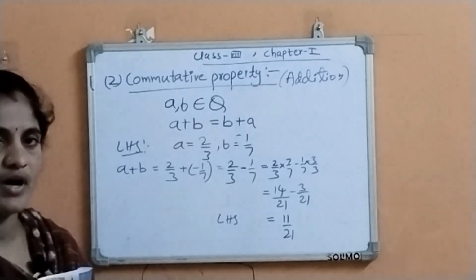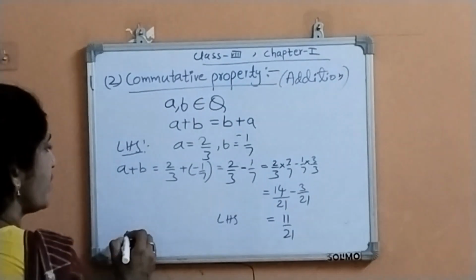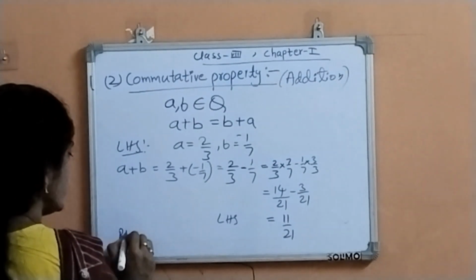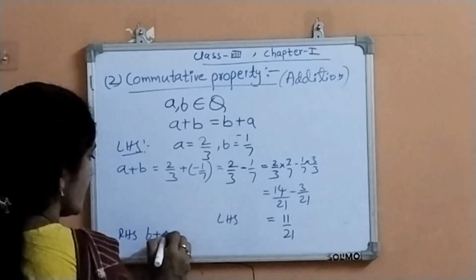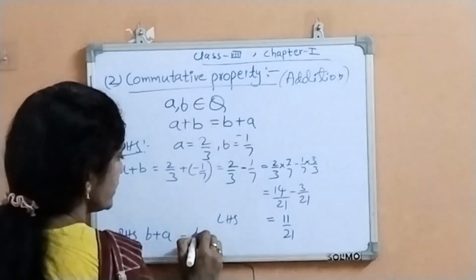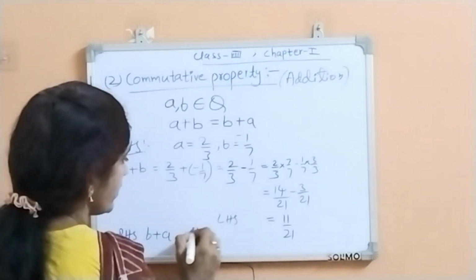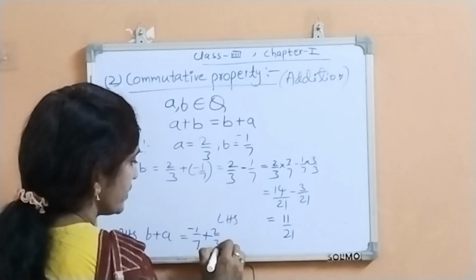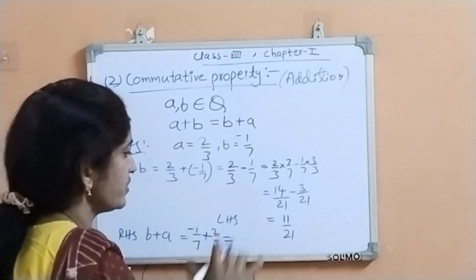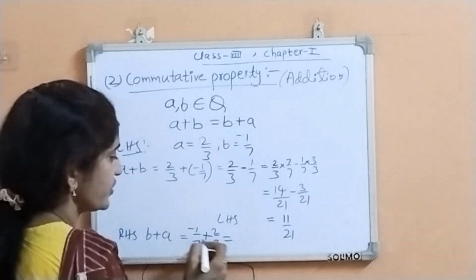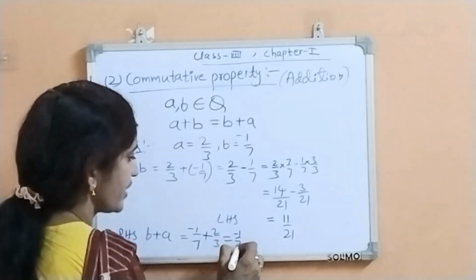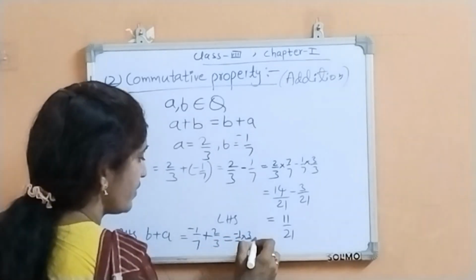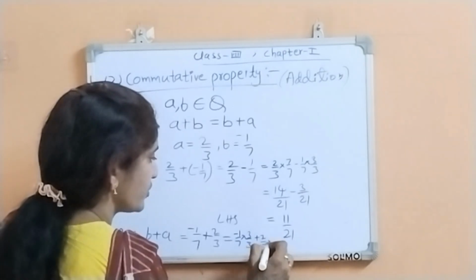I am going to check RHS, that is b plus a, means b is minus 1 by 7, plus a means 2 by 3. Same process: first fraction multiplying with second fraction denominator and second fraction multiplying with first fraction denominator.